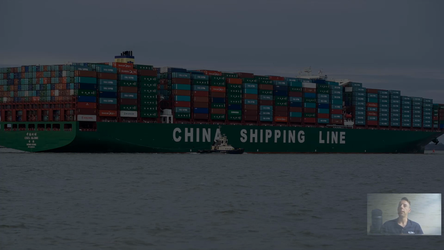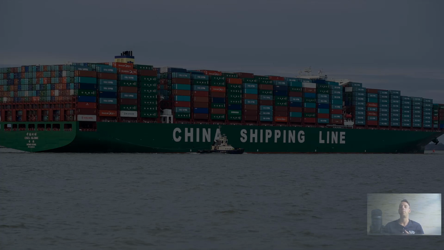So make sure that unless you are comfortable handling this extra step, that when you're doing this freight forwarding quote or you're asking your supplier to ship these products to you, make sure that you specify that you need door-to-door delivery service and that you enter the end address of the location where your products are going to. Otherwise, you're going to get surprised when your shipment shows up at a port that could be literally hundreds or even thousands of miles away from you. Make sure that you get door-to-door delivery service.